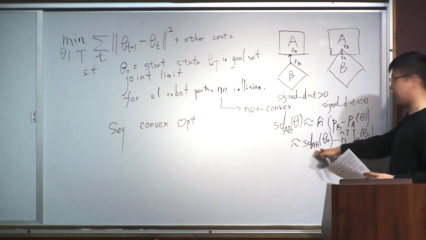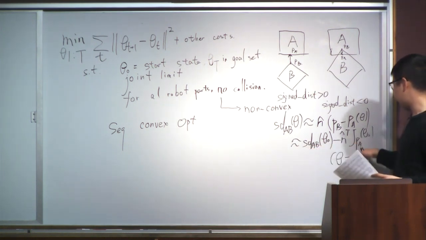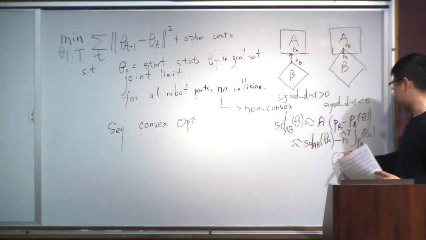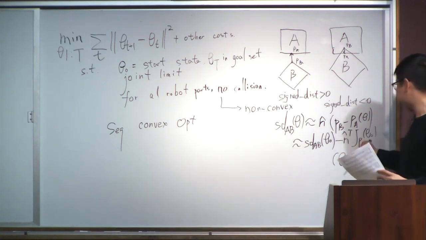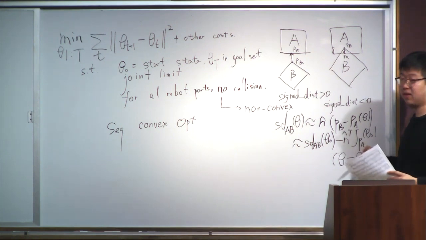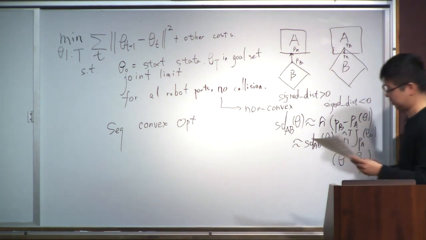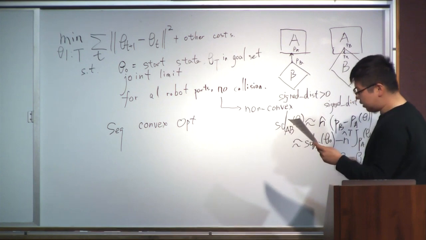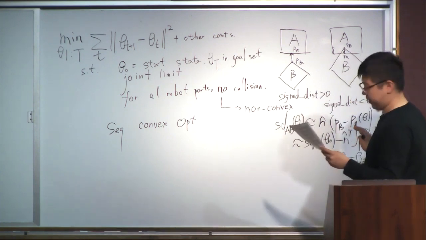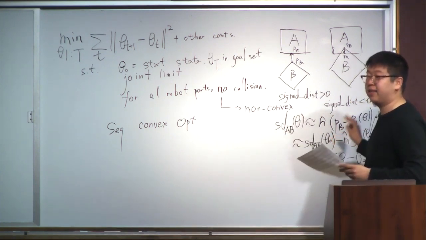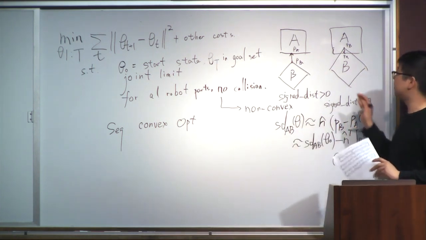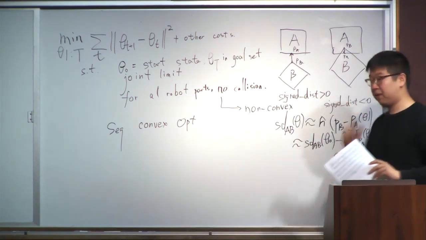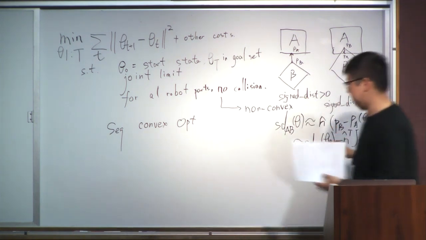This is the original distance, and the latter part is the distance moved from theta_0 to theta, and J is sort of a dynamics model. Now we know what signed distance is. We can add this as a penalty in our optimization problem because we want the signed distance to be positive so that there is no collision.